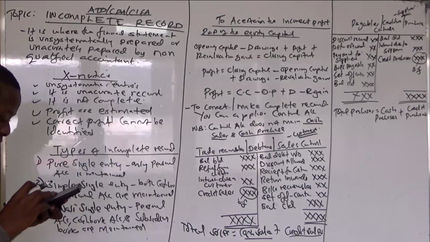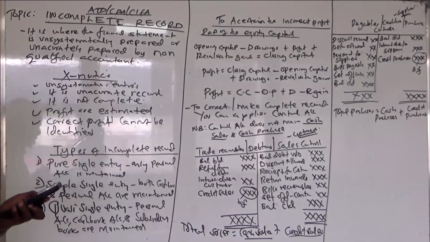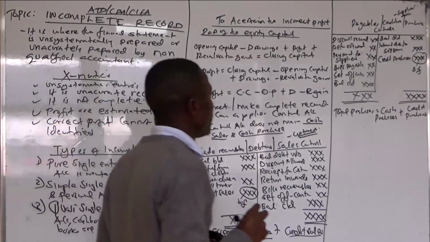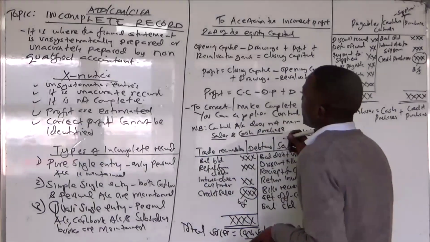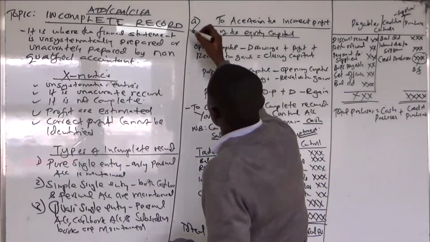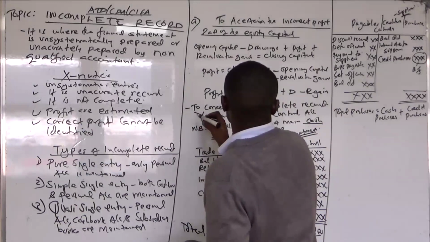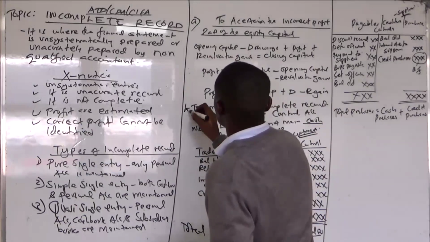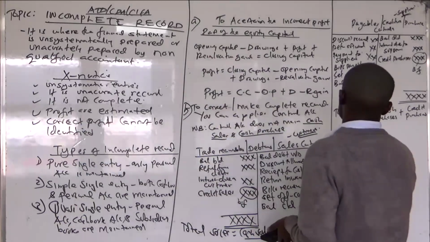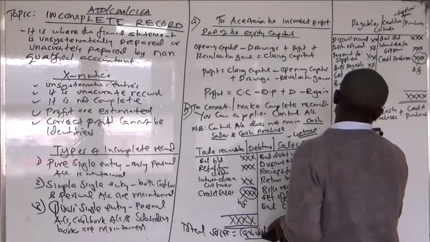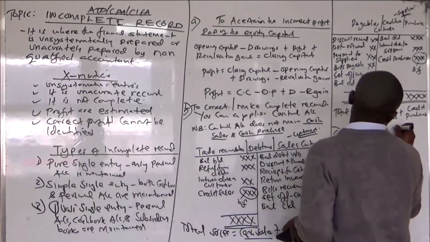After this, there is also incomplete records that we normally apply. This is part A, part B is this one. Part C, we can also talk about statement of affairs.